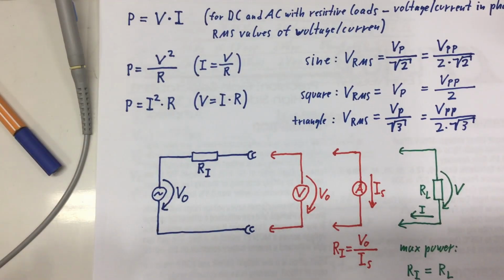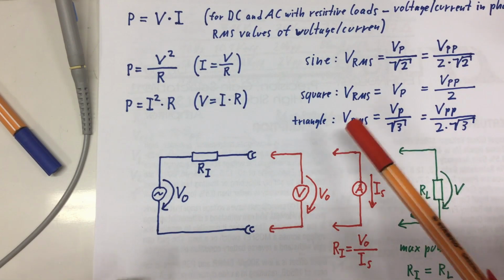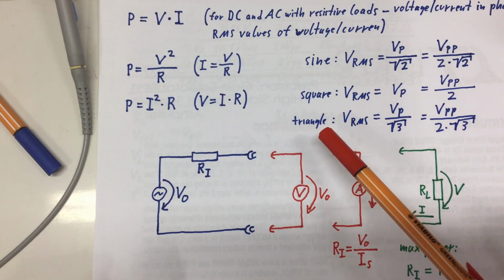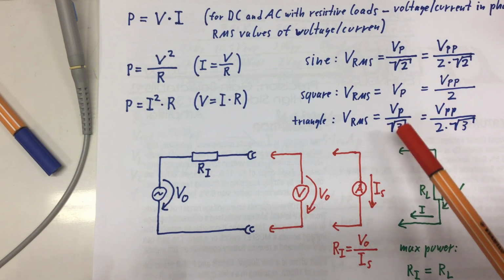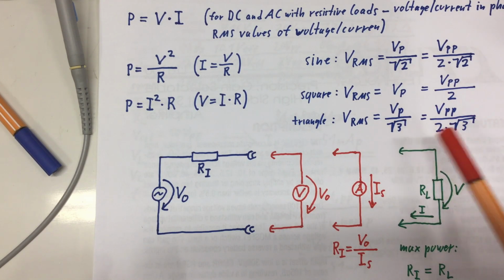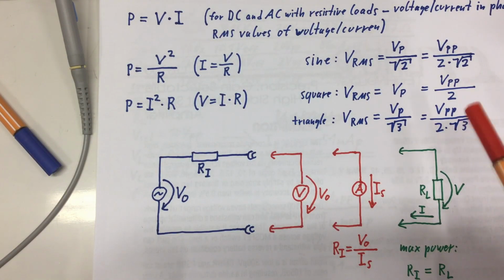And just in case, because I had to add that to my introductory slide, the RMS voltage for triangle waves is peak voltage divided by square root of 3, or peak-to-peak voltage divided by 2 times, of course, square root of 3.